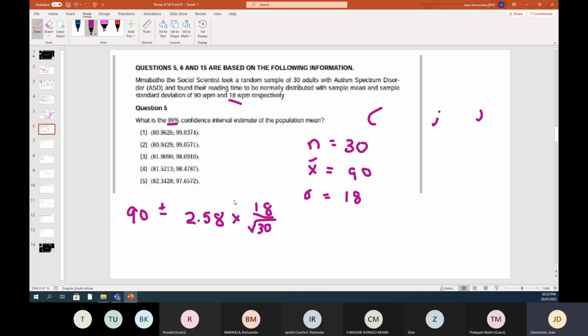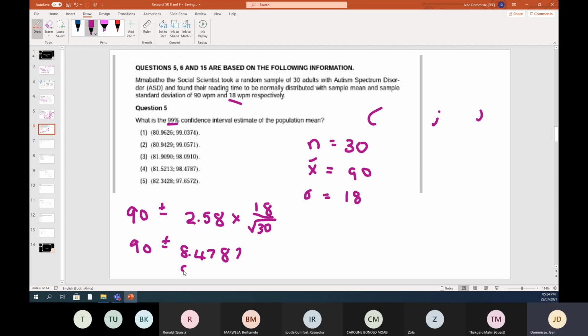So it is 18 divided by the square root of 30 times 2.58. I get that my answer must be 90 plus minus 8.4787.